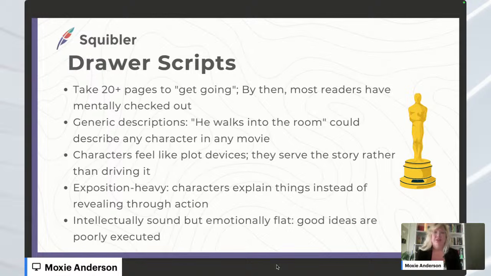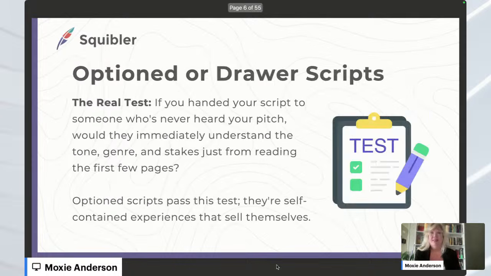They serve the story instead of driving it. Drawer scripts are also exposition heavy. Characters explain things instead of revealing through action. There's nothing technically wrong with drawer scripts. A lot of the times they're formatted correctly. They may be intellectually sound, but they are emotionally flat. The good ideas are poorly executed.